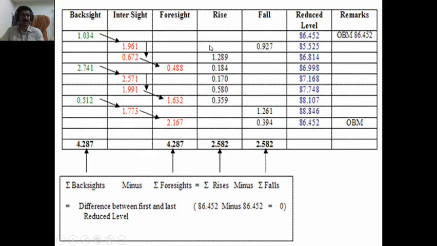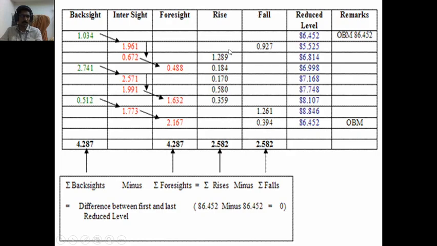How can we determine the RL? The first benchmark, you know. If the next is in fall, just deduct that reading from the RL. You will get the RL of that point, right? Then this becomes the reference. All the remaining ones are in rise, so you have to add. So 85.525 plus 1.289 becomes 86.814. Then 86.814 plus 0.184.